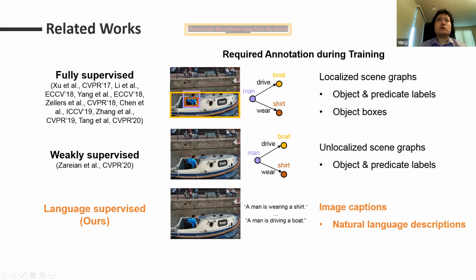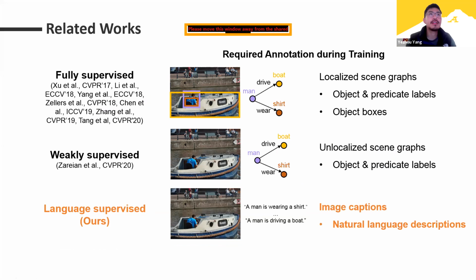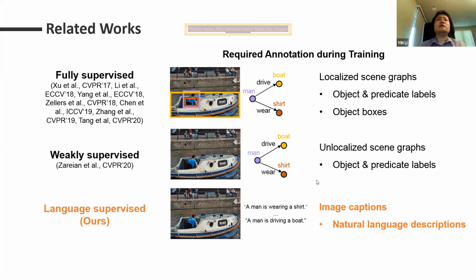Can anyone still see my screen? Because I have this warning saying, please move this window away from the shared window. We are seeing that as well on our side. Did someone annotate your presentation? No, I don't think so. Then it's fading away right now.